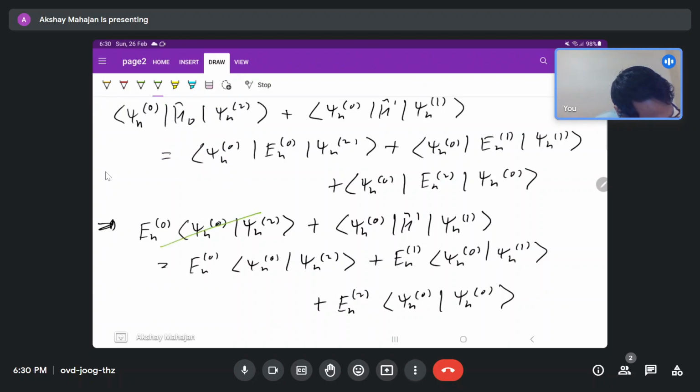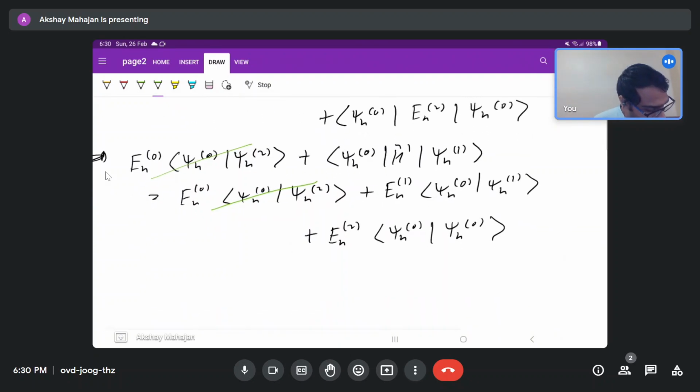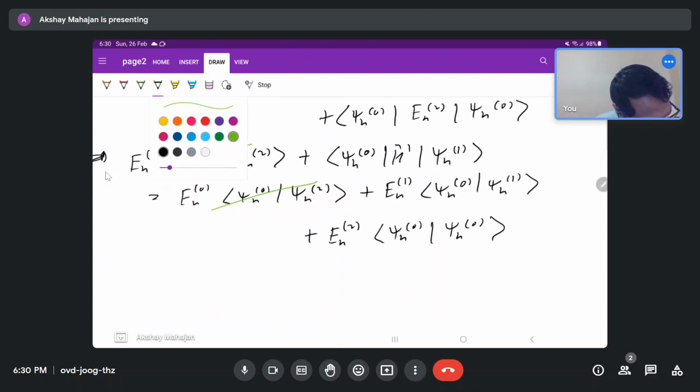So these two terms got cancelled out from both sides. Okay, and these are the remaining terms.